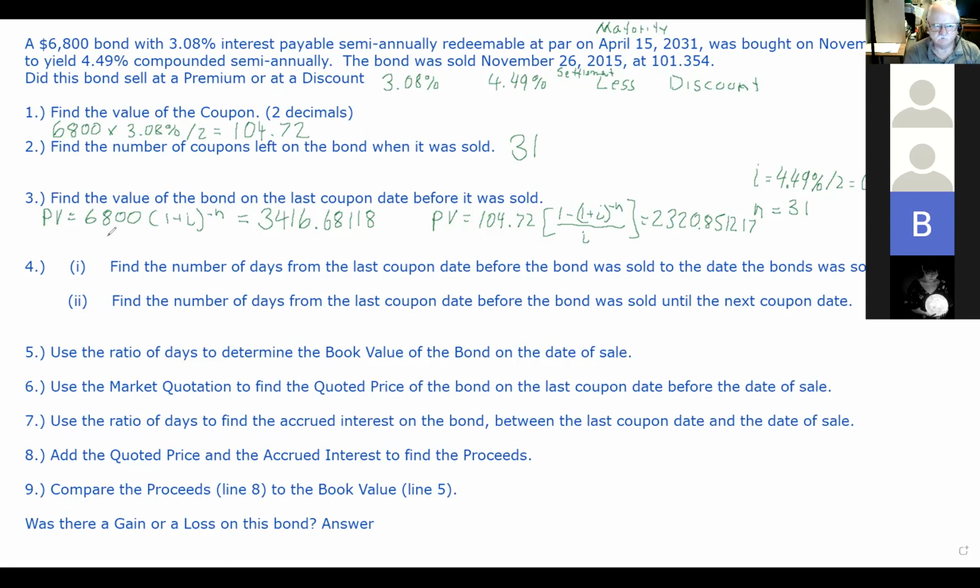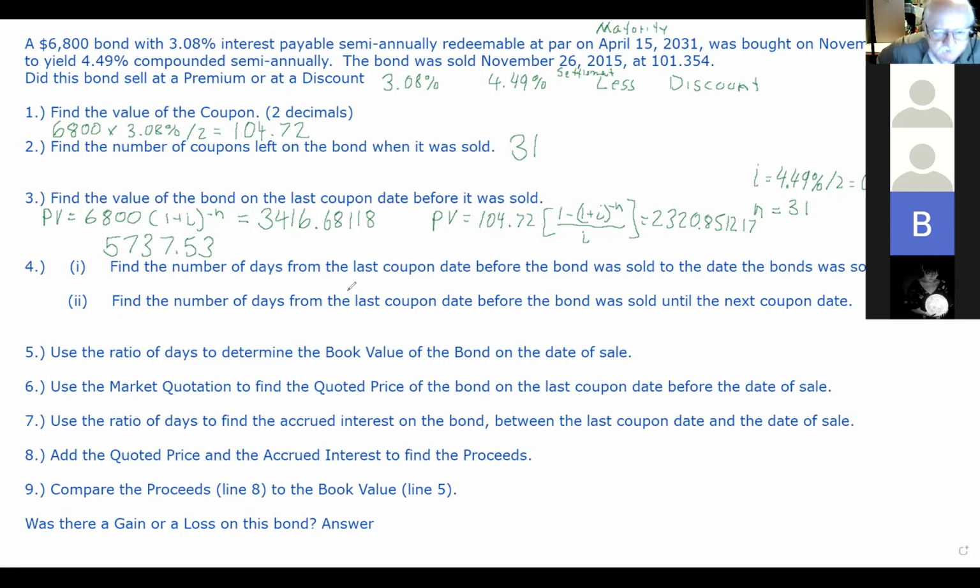And now we can round it off as 5737.53. And so that's the answer that Moodle wants.